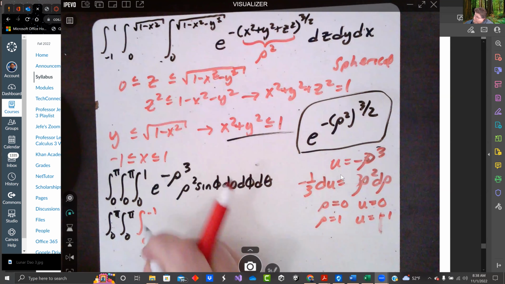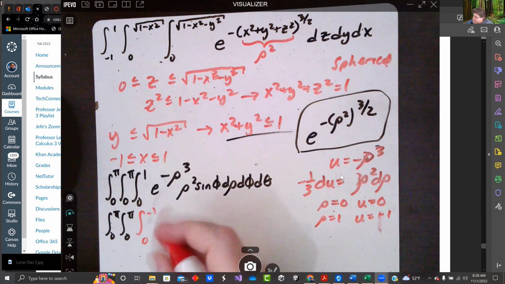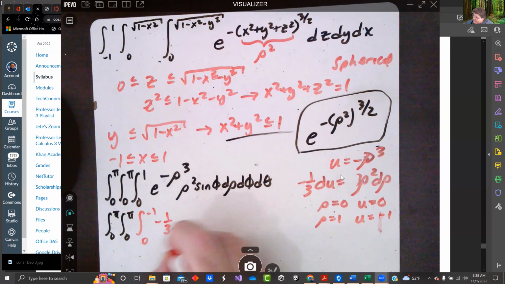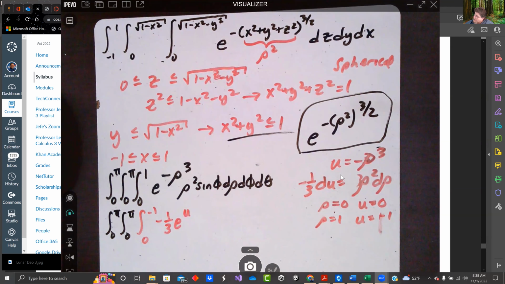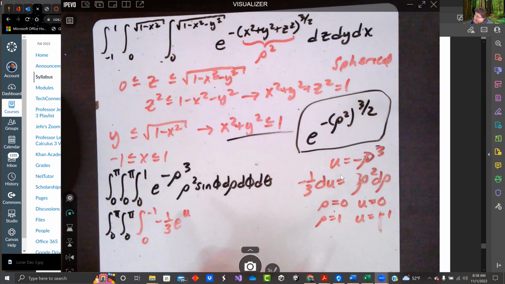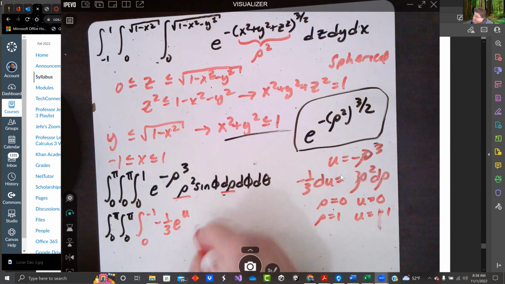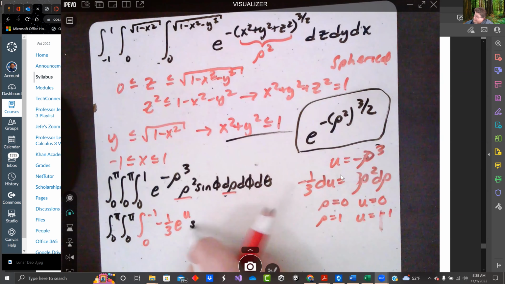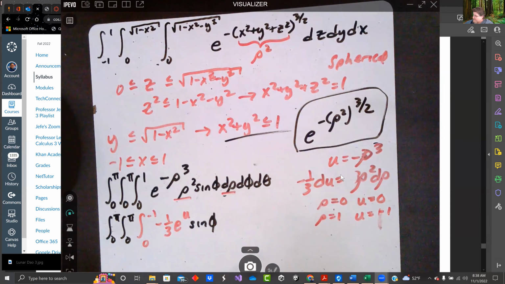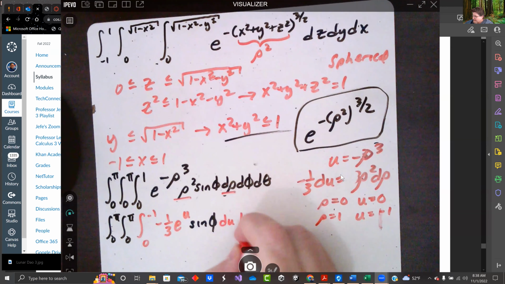And I got a negative 1/3 e to the u. The rho squared and the d rho get eaten up to make du. So sine phi is still there. Now we've got du, d phi, d theta.